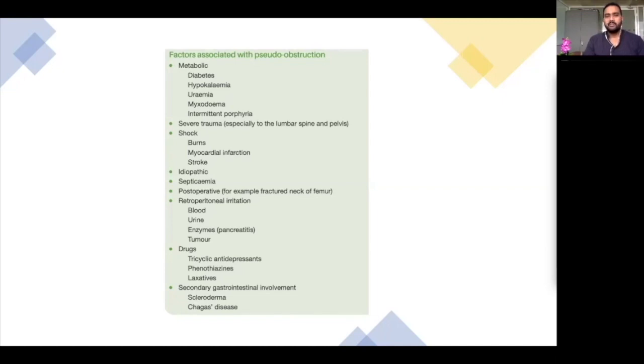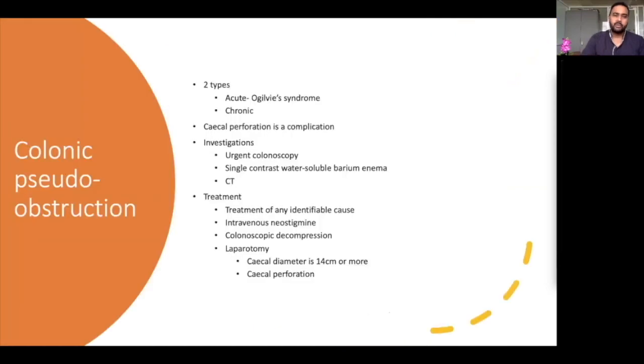Even septicemia, post-operative with lower pelvic problems, or mainly femur fractures, retroperitoneal problems, drugs, or any secondary gastrointestinal involvement. Anything can lead to colonic pseudo obstruction. So that is the identifiable causes.